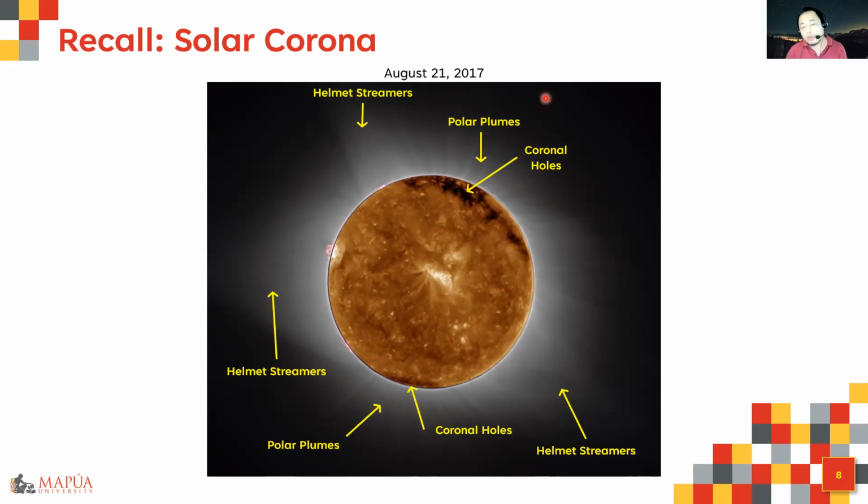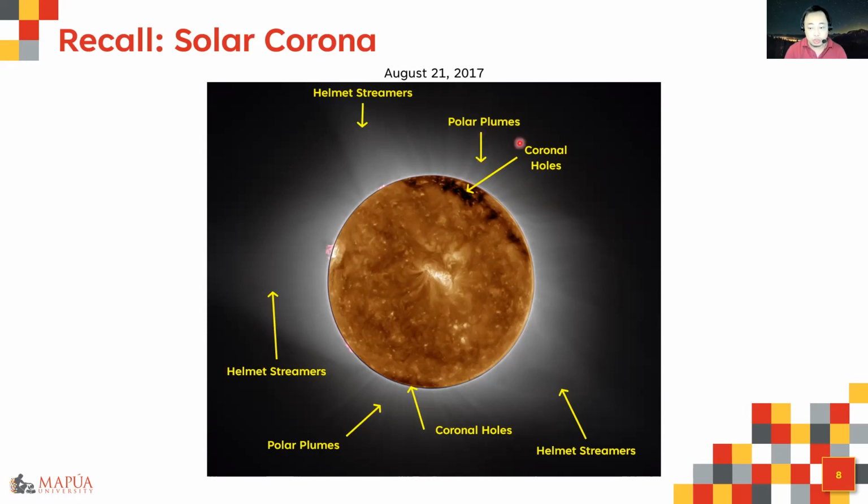So imagine you have your window in your room, and when you open your window, depending on the situation outside, sometimes you will feel a gust of wind going into your room. That's what coronal holes do. So this is actually a window to a high speed stream of particles, which can be visualized using the polar plumes.